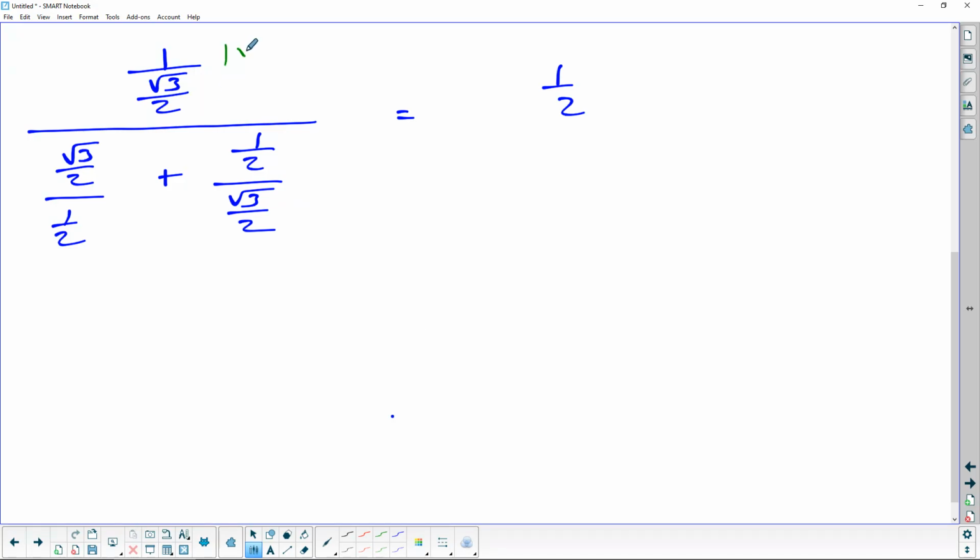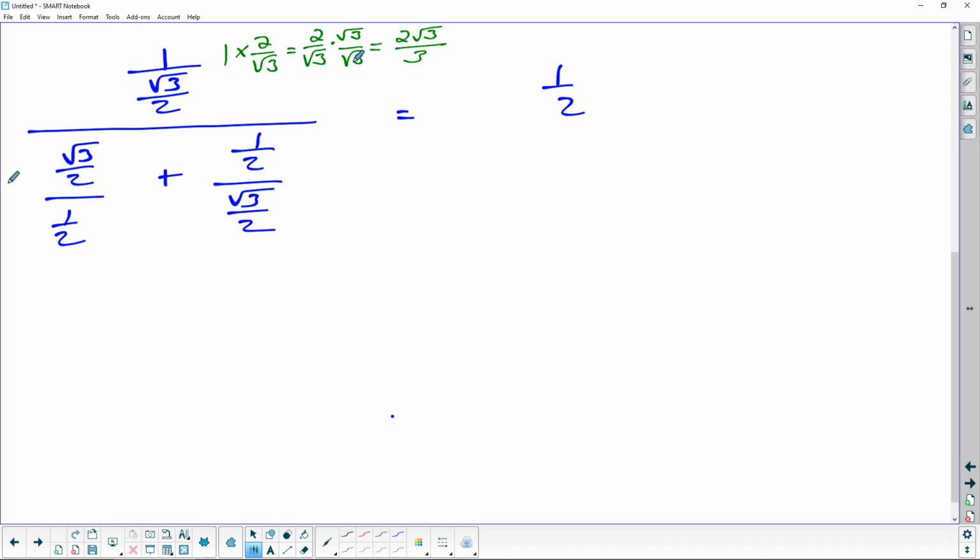So this is 1 times 2 over root 3, that's 2 over root 3. Now we can't leave a root on the bottom of an expression, so we multiply by root 3 over root 3 to rationalize it. So the top becomes 2 root 3 over 3. Root 3 times root 3 is root 9, which is 3, because the square root of 9 is 3. So that's the top.